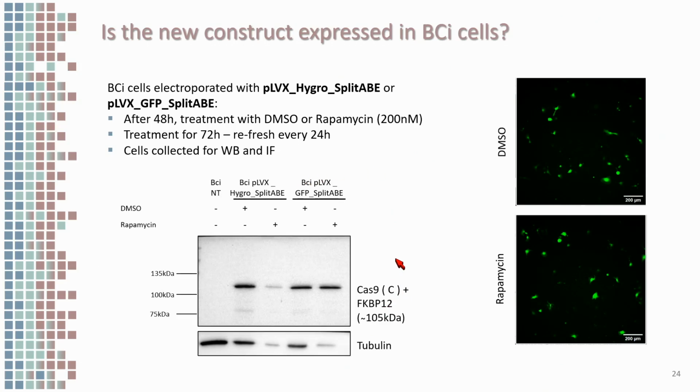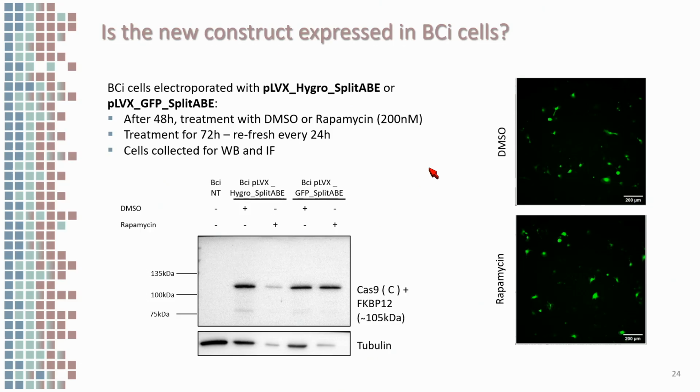In this case, I'm showing the C-terminal fragment by either Western blot or immunofluorescence, and we can see that we have a pretty good expression. It seems to be even higher in the presence of rapamycin for the GFP construct, and a more efficient transfection of the cells with this construct. So we are in the process of developing the novel cell lines. We have the tool that has been produced.